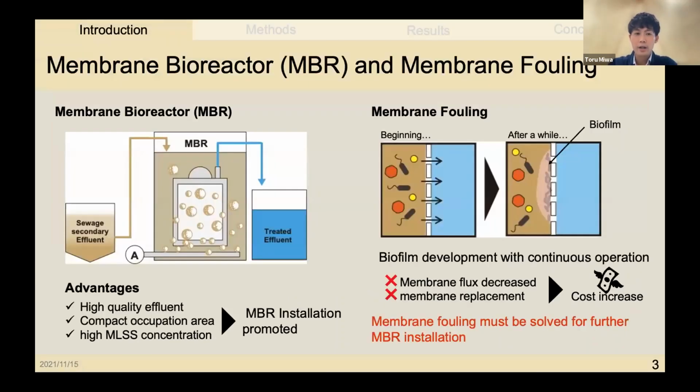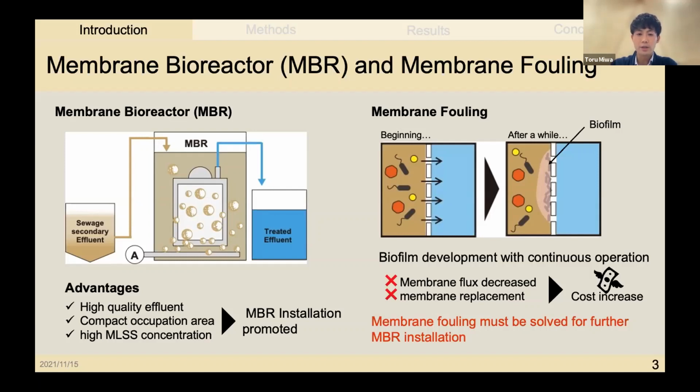Firstly, I'd like to introduce the membrane bioreactor. A membrane bioreactor is a system which combines membrane separation technology and a biological treatment process. MBR has been installed in many wastewater treatment fields because it has advantages over the conventional activated sludge system, such as high quality effluent, compact occupation area, and high MLSS concentration.